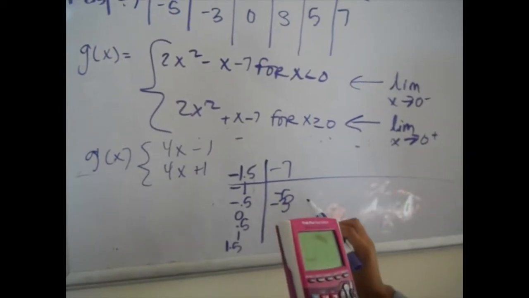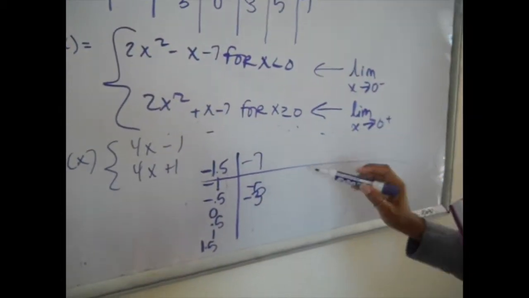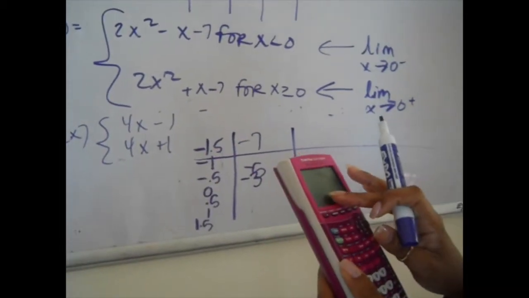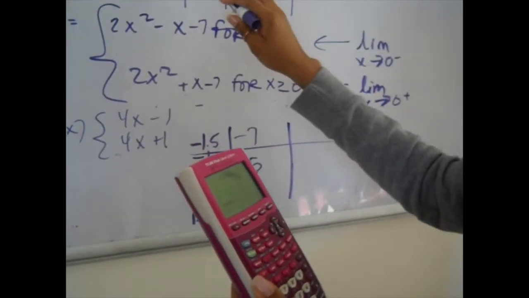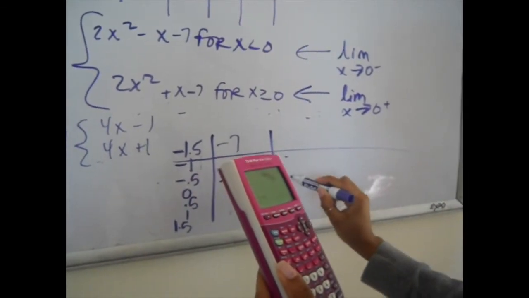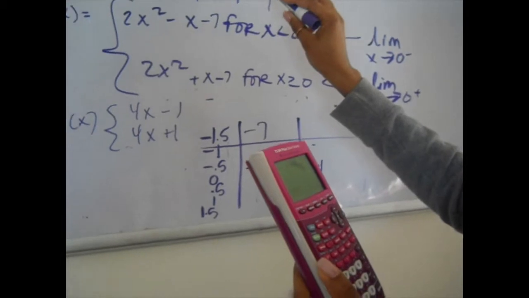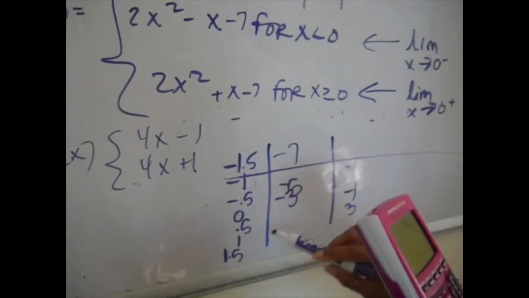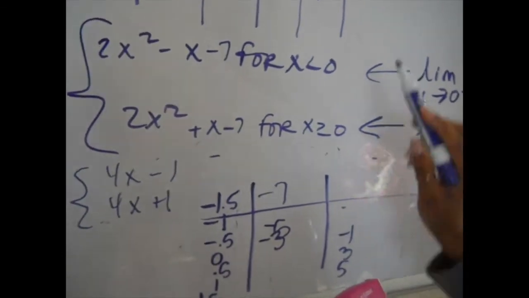Then we do the right-hand side, which would be 4x plus 1. For 0, you do not get the same value as you have for f prime of x; you get a negative 1 instead.